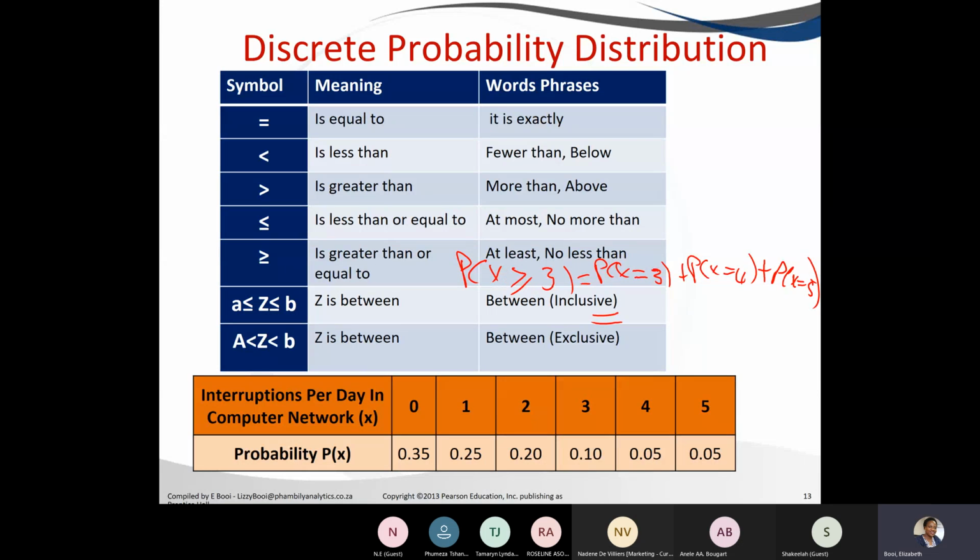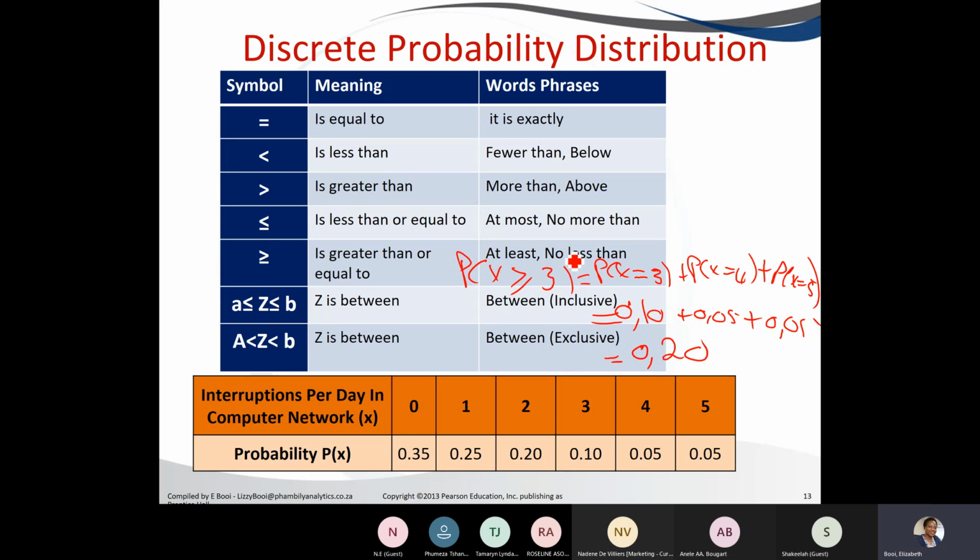And therefore, it is 0.10 plus 0.05 plus 0.05, which is equal to 0.20. That is the probability of at least.